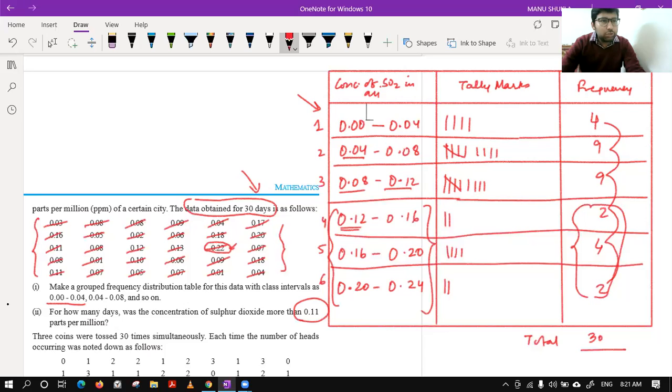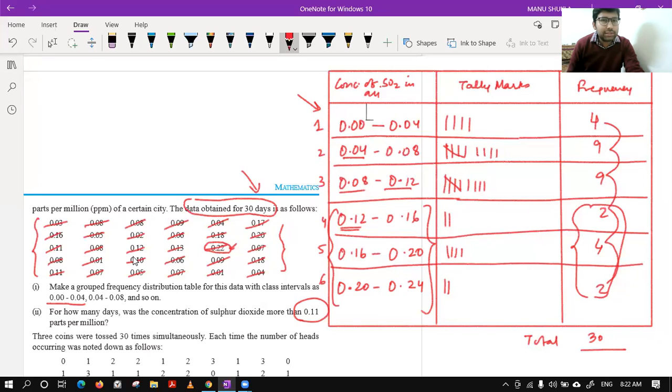Okay. I hope this point is clear to everyone. Please confirm. Sir, 0.12. 0.12 will be in the next one only. It will not be counted in the third group. Okay.